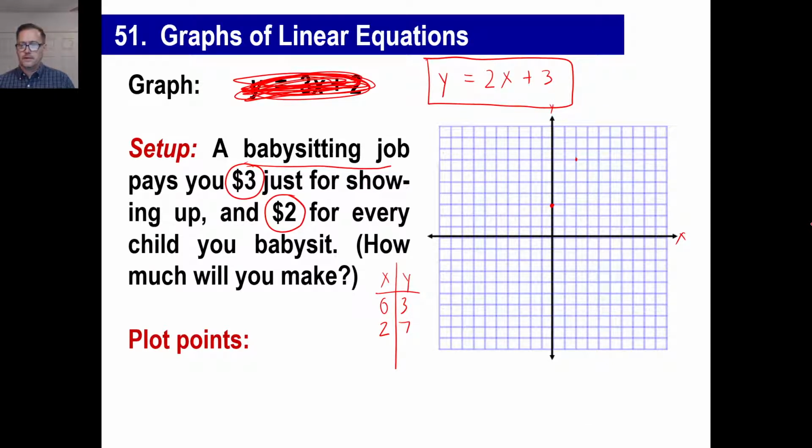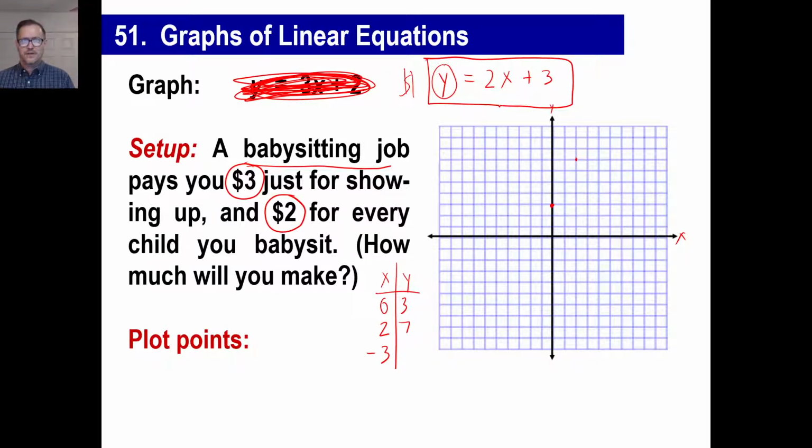Well, let's say you go crazy and by some weird time warp, the Twilight Zone, we have -3 kids who show up. I don't know how that works, but anyway, what the heck. So how much money are you going to make now if -3 kids show up? The amount of money I make is 2 times -3.